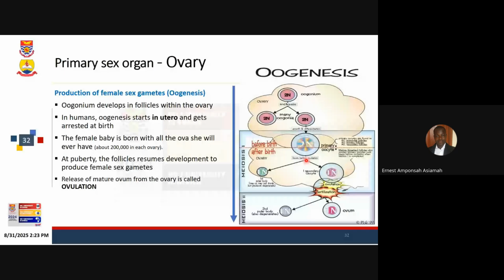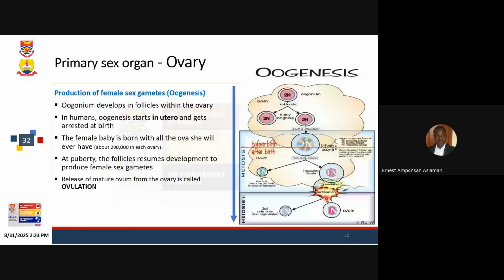It will undergo meiosis one, the first meiosis, so that it can produce two cells. It will complete meiosis one, and we'll have a secondary oocyte and a residual body called the first polar body.